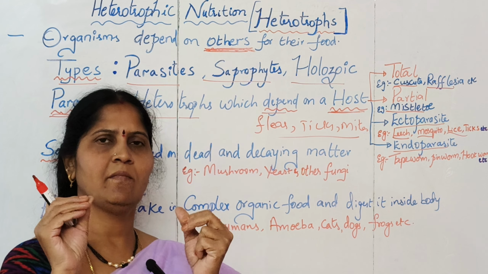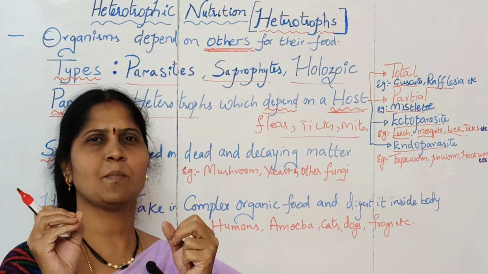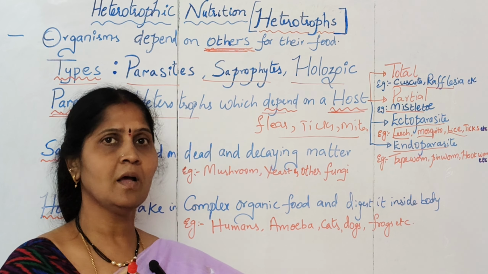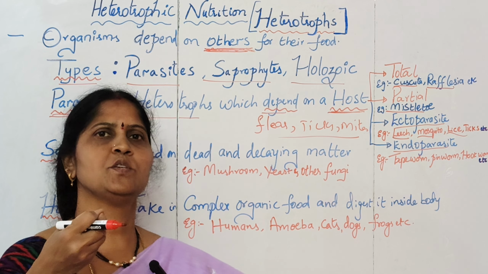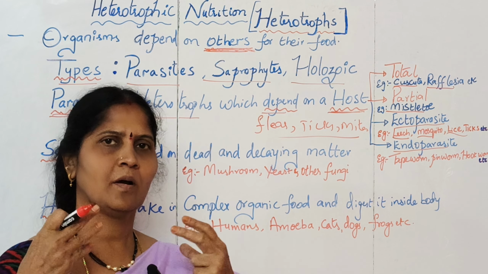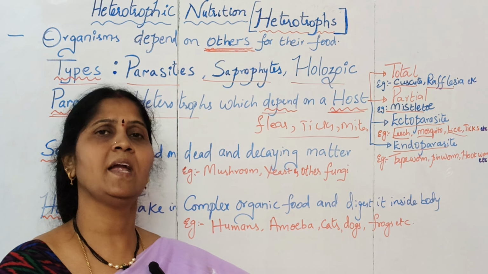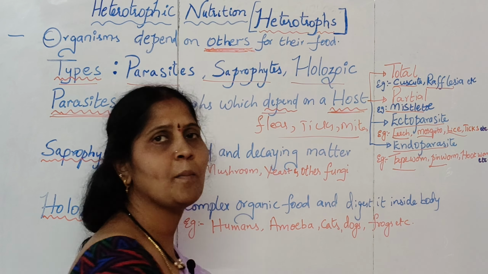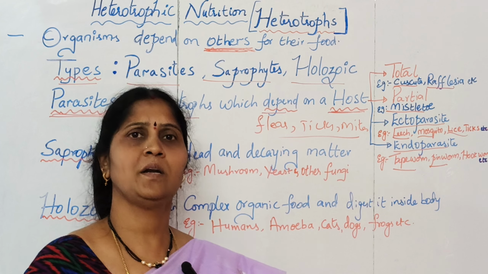If their hands have some contamination, such as eggs of worms like tapeworm, pinworm, hookworm, etc., and you consume such food, what will happen? The eggs will enter your body and become worms inside the intestines.